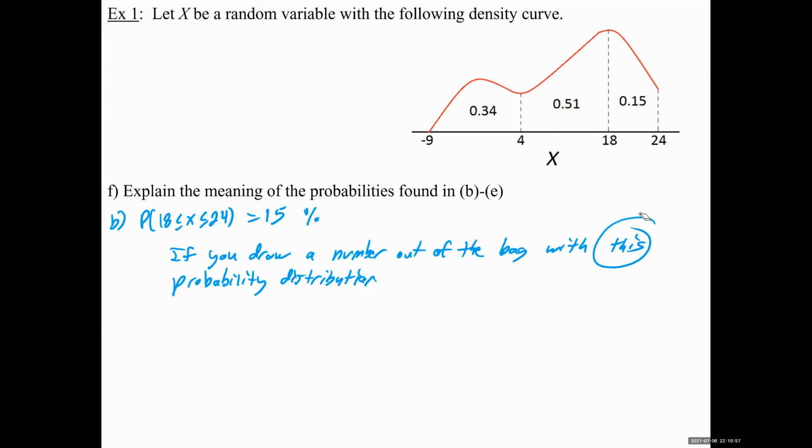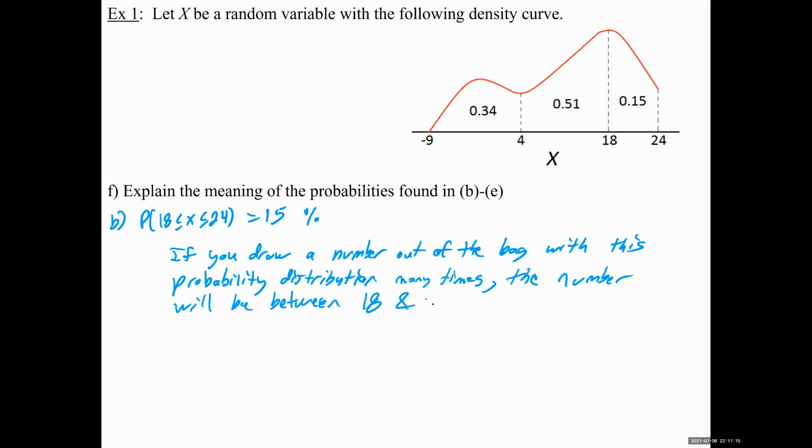If you draw a number out of the bag with this probability distribution many times, the number will be between 18 and 24 about 15% of the time. So this will happen. The number you get will be between 18 and 24 about this percent of the time. Okay, so that's how you write that answer. I'll leave it on the slide a couple seconds in case anyone's copying it. But then I want you guys to help me to say the answers to the other ones.